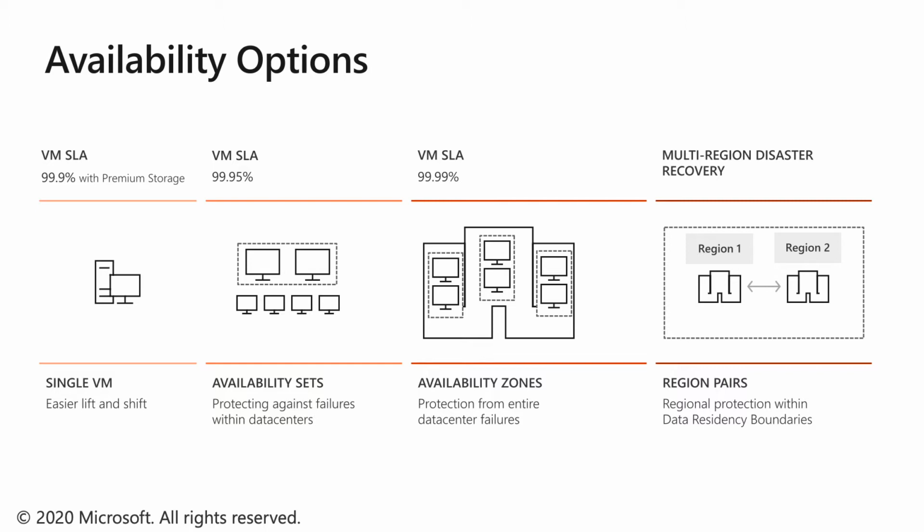Here we've got virtual machine service level agreements with an availability and premium storage of 99.95%. And then for an availability zone, you've got a VM uptime and storage of 99.99%. So you've got multi-region disaster recovery going on very easily here.